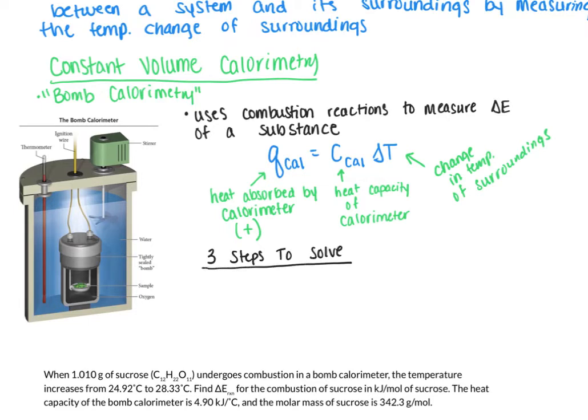So in general, your first step is that somebody is going to do this experiment, and you're going to have to figure out the heat absorbed by the calorimeter. And you would do that using the equation I just wrote above.